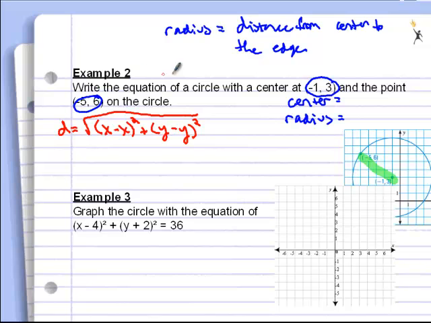Anyway, if I go through and label my points, I'm going to make this x1, y1, and this one x2, y2. I'm going to input the values, as you can too, because this is not anything new. You should know how to do this. My problem should read negative 1 minus negative 5 squared plus 3 minus 6 squared. I'm going to simplify this, as you can too.